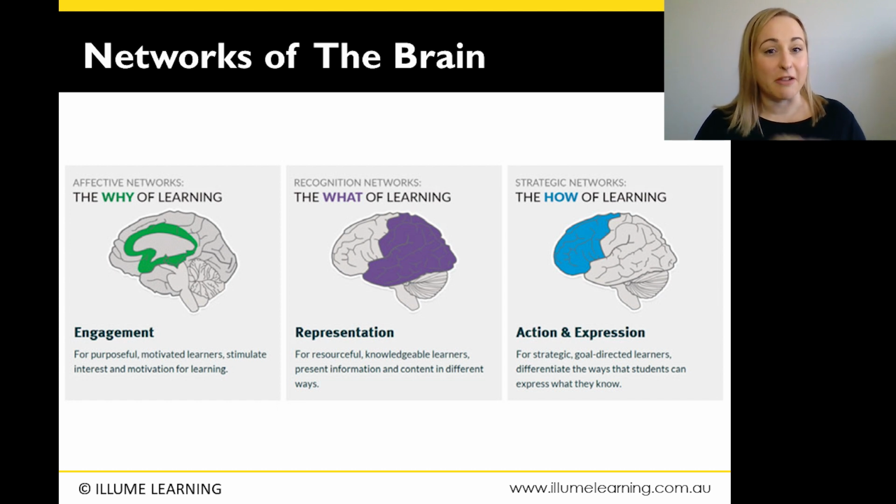The second area, our recognition network, really controls the what of learning. It's responsible for receiving new information, processing that, and forming new concepts. And then finally, we have the strategic network, and that really governs the how of learning. That network is responsible for planning, for executing, monitoring our actions. So they're the three different networks of the brain that are engaged and active during the process of learning.